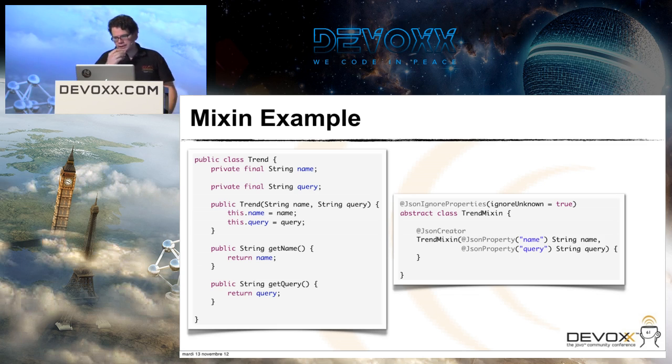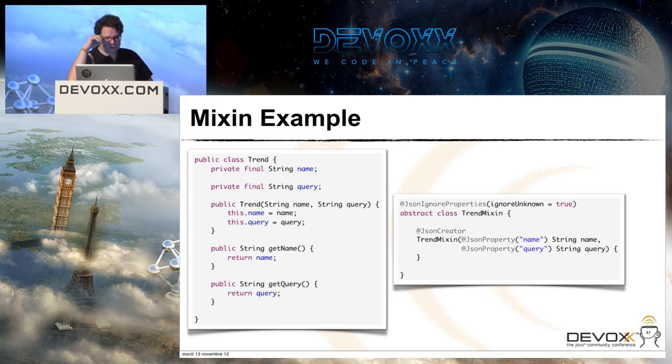So, an example of a mixin. It's nice and could give ideas for other frameworks that use annotation binding, like JPA. On the left, I have a POJO.